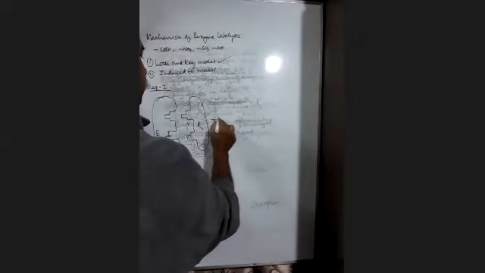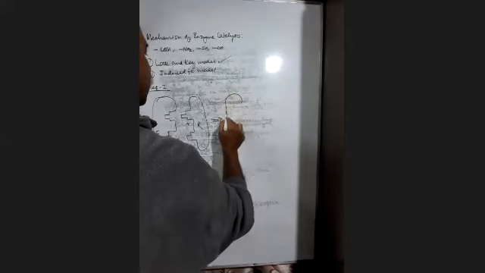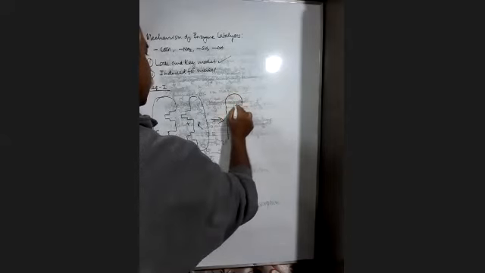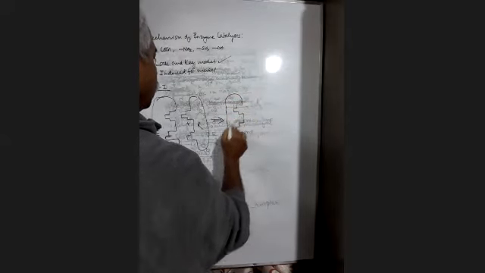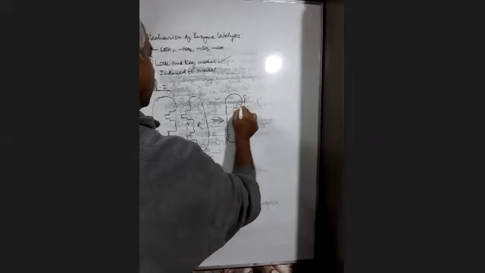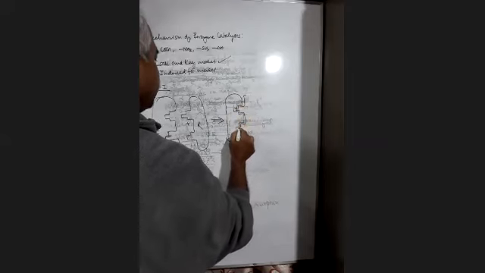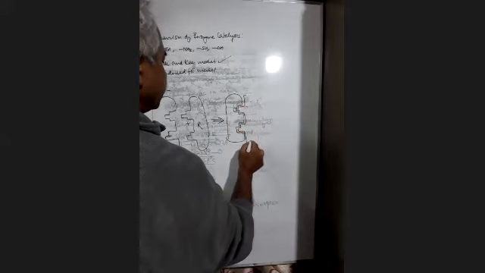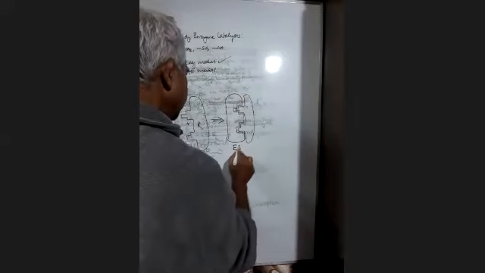When they come nearer to each other, see, these are the active sites, and the geometry is matching. So they are going to form a complex called ES.